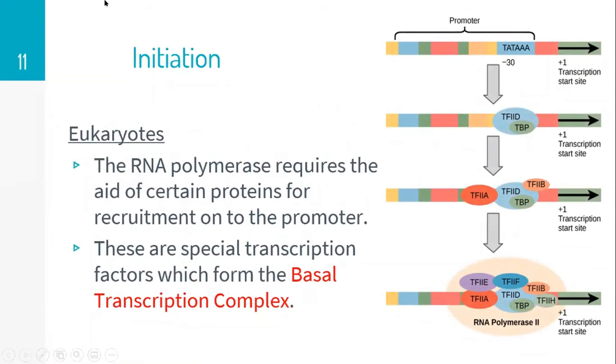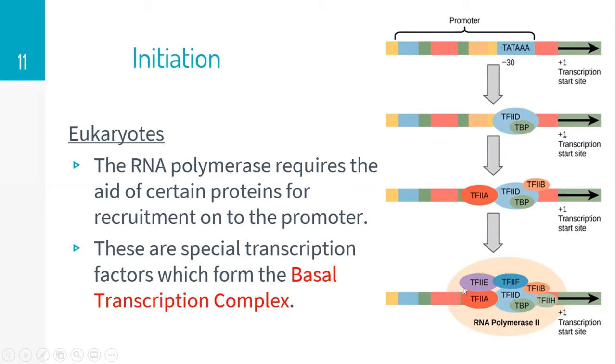All right, so we're dealing with eukaryotes. For almost the entirety of this lecture, it's going to be eukaryotes we're referring to, because that's the more complex one. So the RNA polymerase requires the aid of certain proteins for recruitment on the promoter. Certain proteins are required for the promotion, and that would be this area here. And these are special transcription factors which form the basal transcription complex.